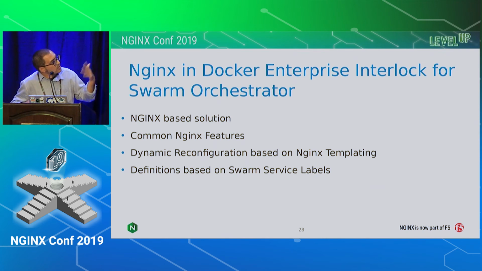Of course, as I told you, Interlock is the same concept. It's something that people from Docker deploy using community NGINX. So they have the common NGINX features that everyone uses out of the box in the community edition. They have dynamic reconfiguration based on templating.